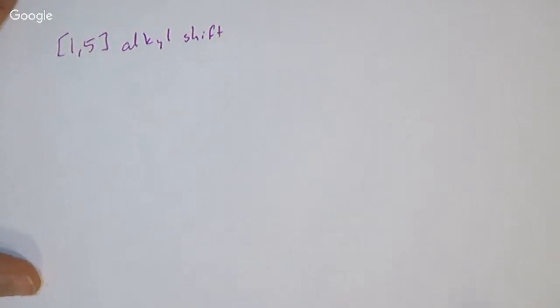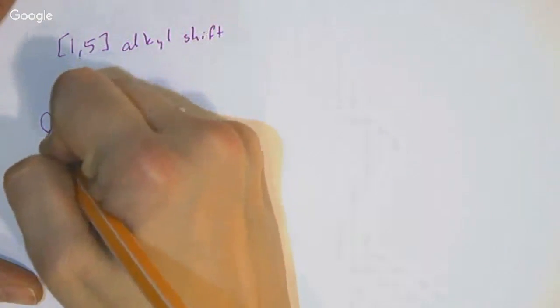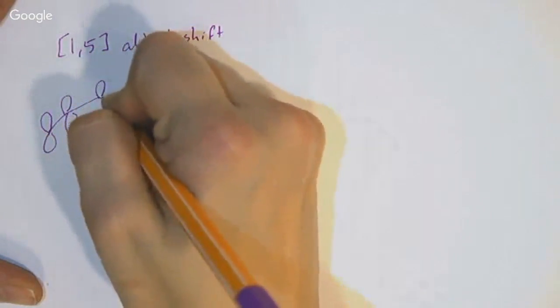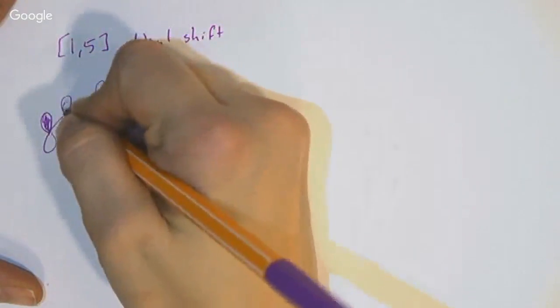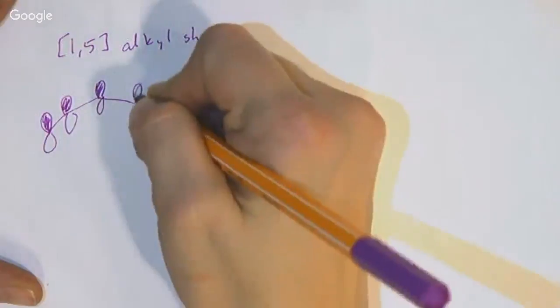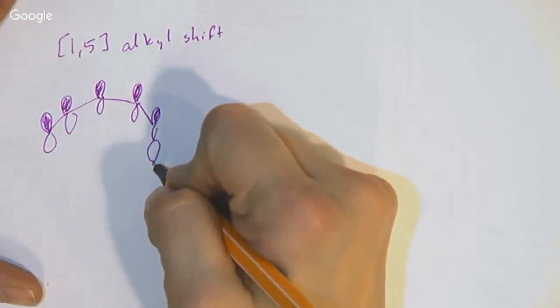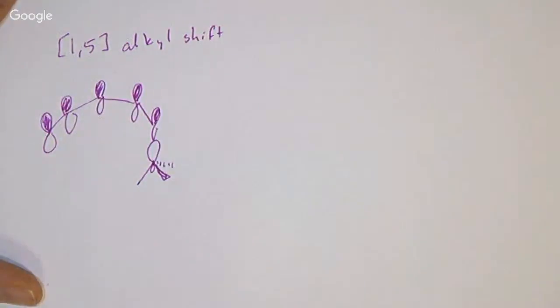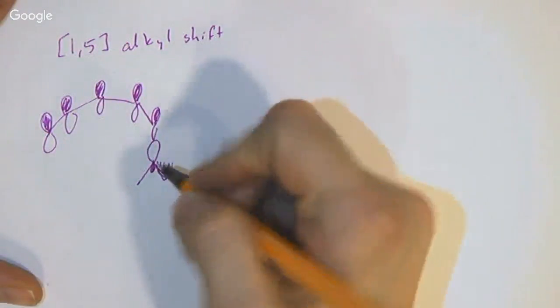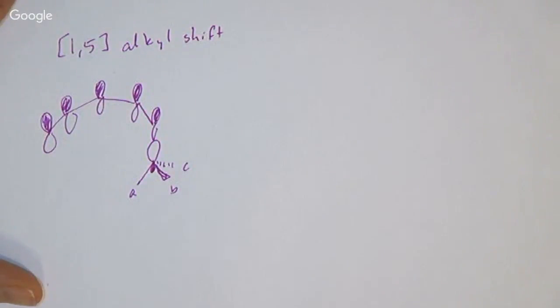And if we did this by topology, we would say we need 5 orbitals. And we would shade them all in the ground state. And then if I wanted to put on an alkyl group here, it would look something like this.